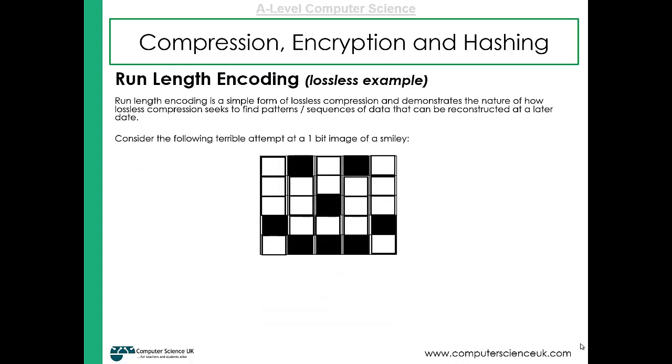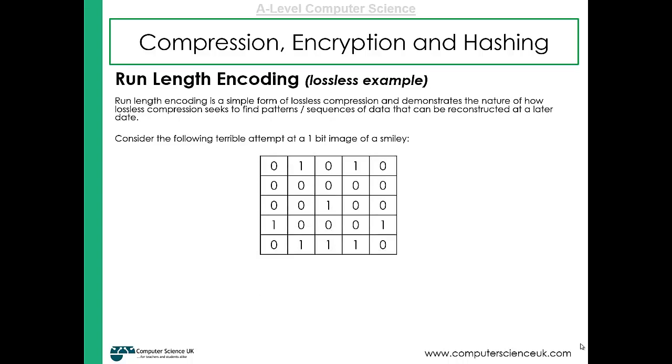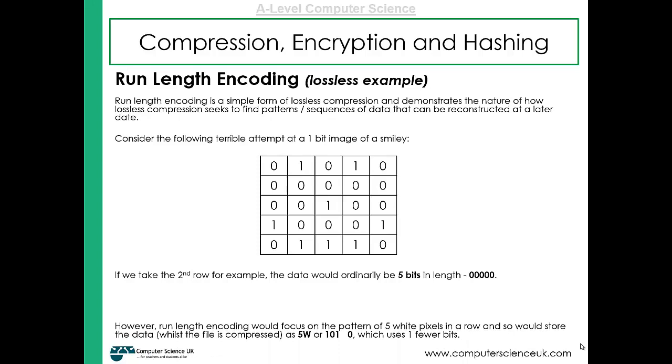So if you consider this pretty terrible drawing, what you will notice is that if we took the second row, we've got 5 zeros in a row. Now, if we were to store that in its original form, that would be 5 bits in size, that second row.